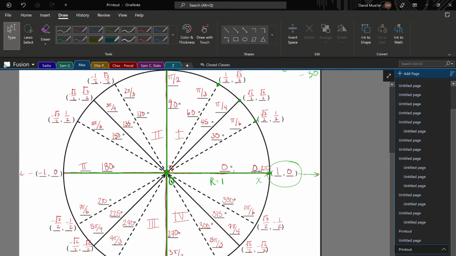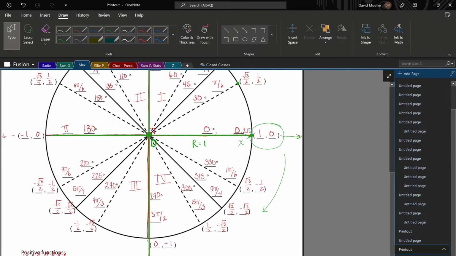So negative pi over 2, we would just go this way instead of this way. We'd go around clockwise. So negative pi over 2, negative 90 degrees, is the same as 270. Mm-hmm. So our y-coordinate there is negative 1.